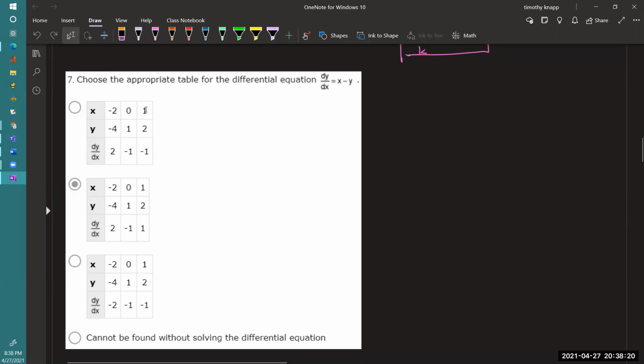So I'm going to choose, for example, 1 and 2. So I'm going to write dy/dx is the x value of 1 minus the y value of 2, or -1. So that's perfect.